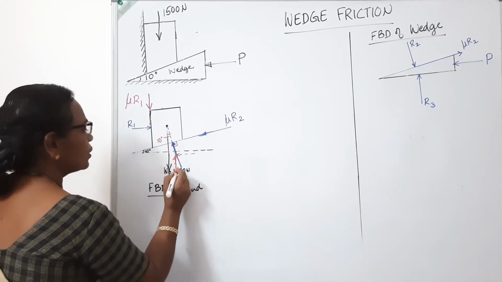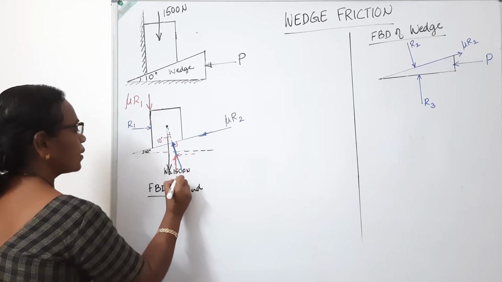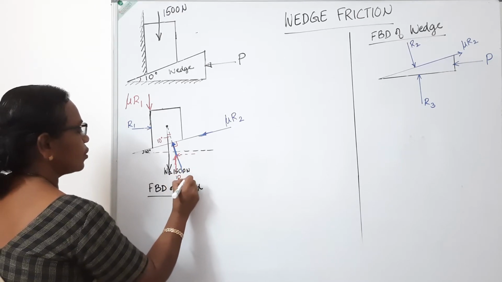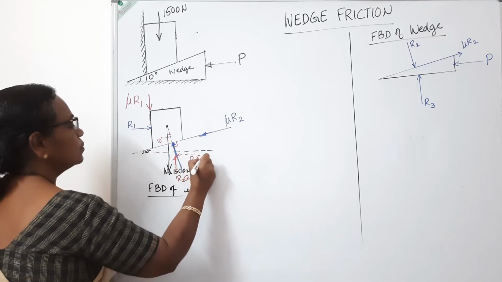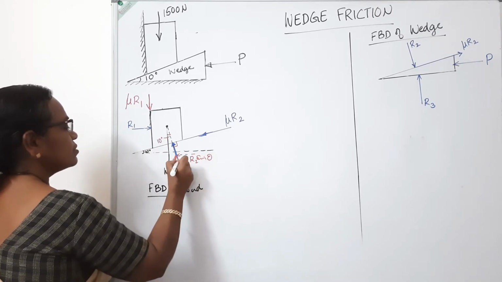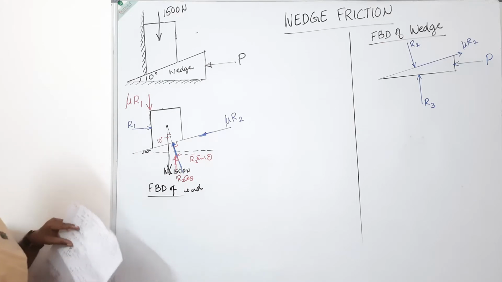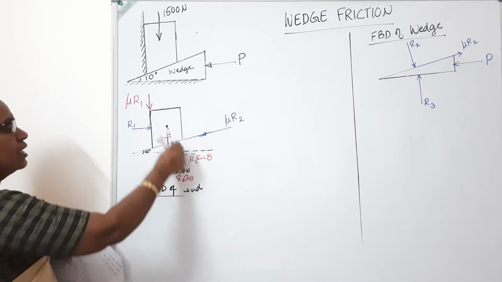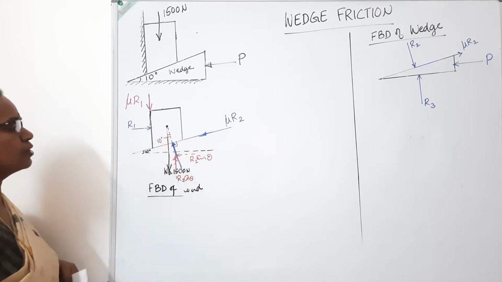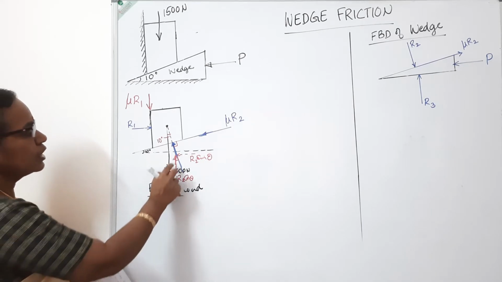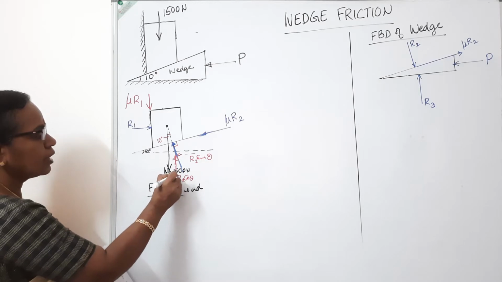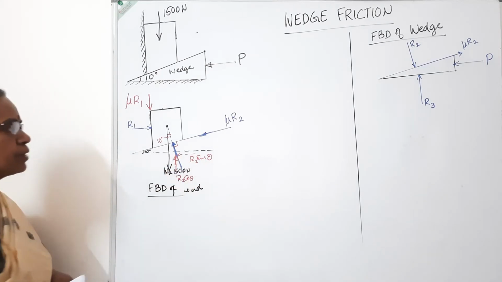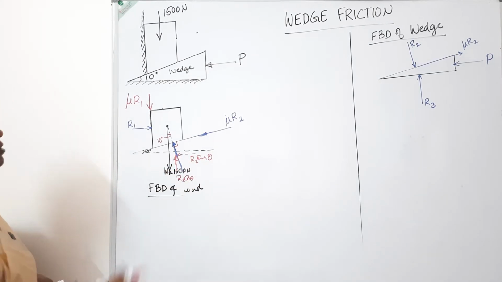So this vertical component is going to be R2 cos theta and this horizontal component is going to be R2 sin theta, because this angle is theta. These are the directions.